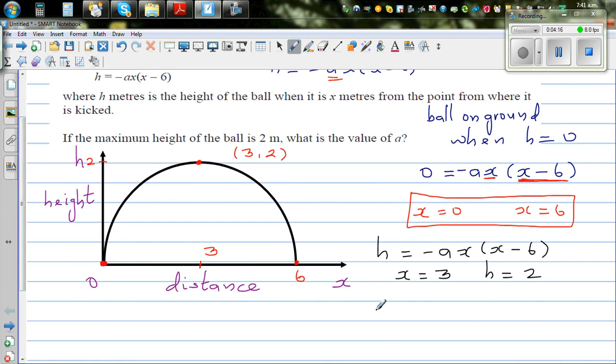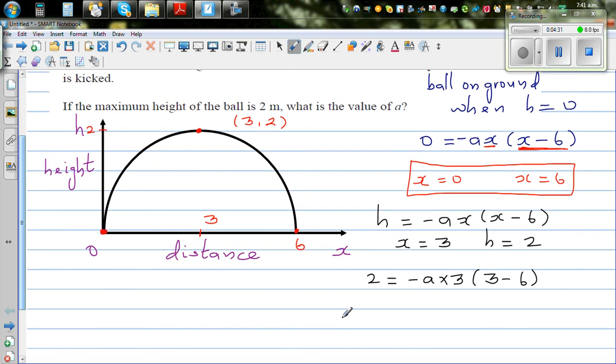So let's put this back in the equation: 2 = -a times 3 times (3 - 6). This is where you have to be extra careful, where most students make mistakes. So 2 = -3 times a times -3, since 3 take away 6 is -3.